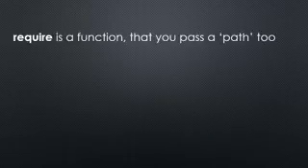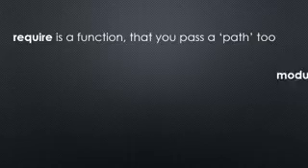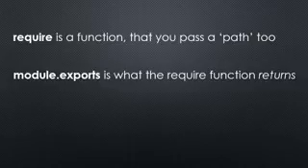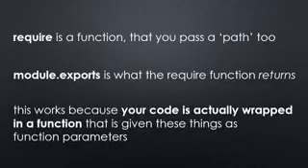So just to quickly summarize, require is a function that you pass a path to. That's all it is. Module.exports is what the require function returns. And this works because your code is actually wrapped in a function expression that is given these things as function parameters.